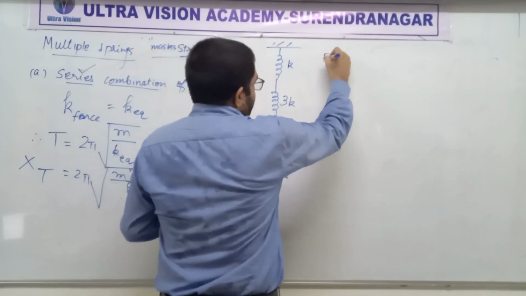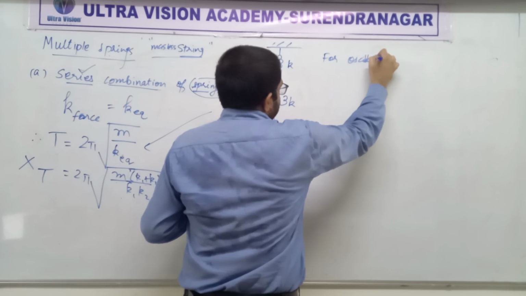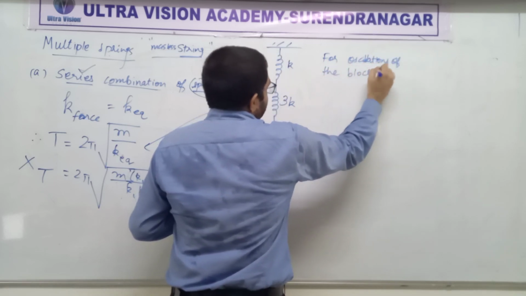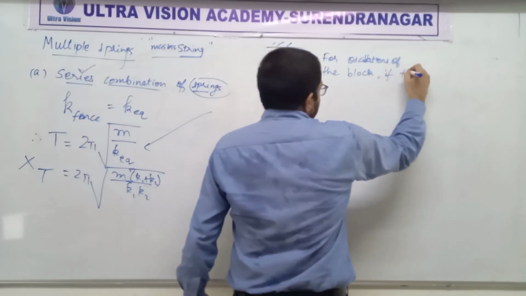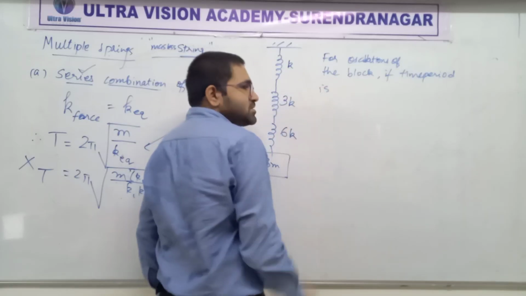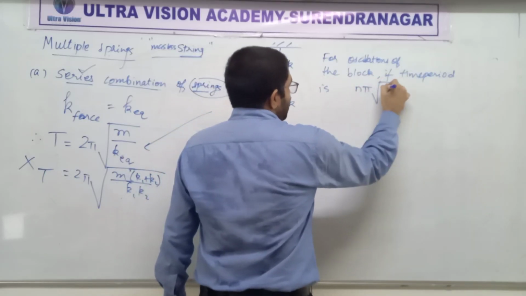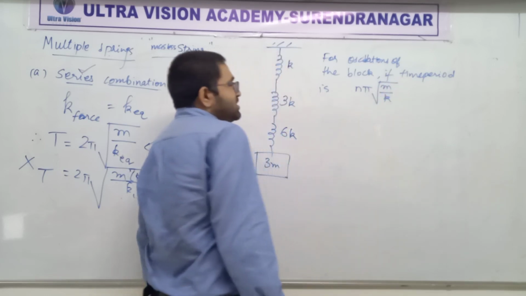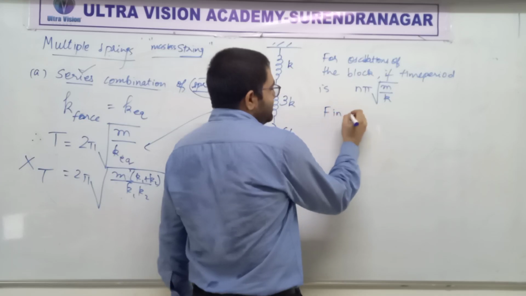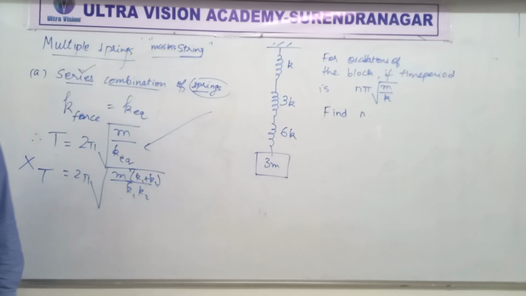For oscillations of the block, if the time period is n pi root of m by k, find n. Come on, hurry up.